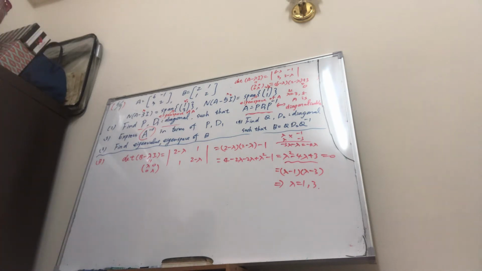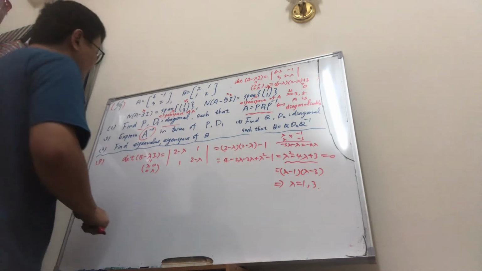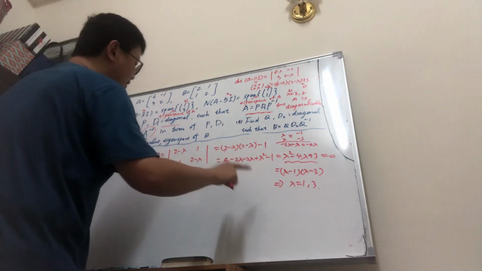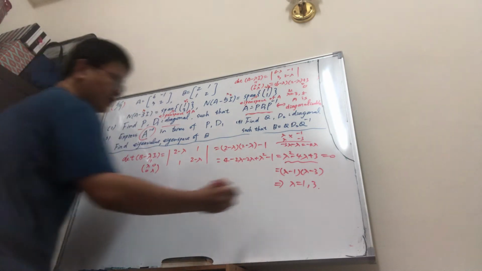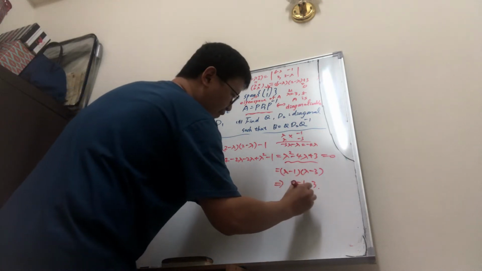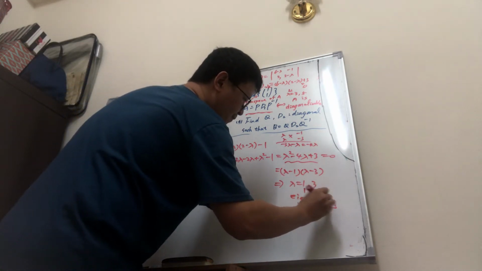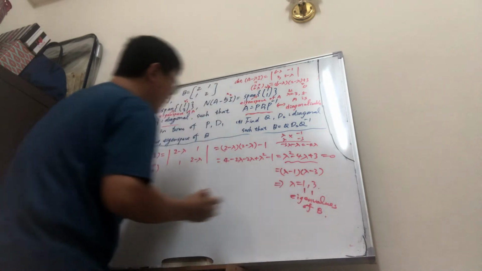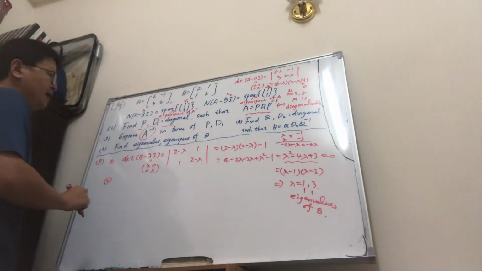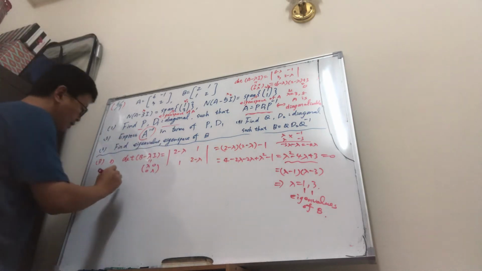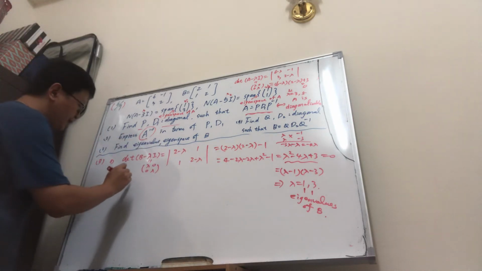So indeed, the matrix B has eigenvalues 1 and 3. Those are the eigenvalues of B. And the second part is the eigenspaces, so you should check each one. For example, let lambda 1 be 1.